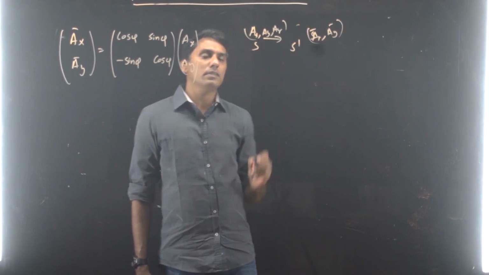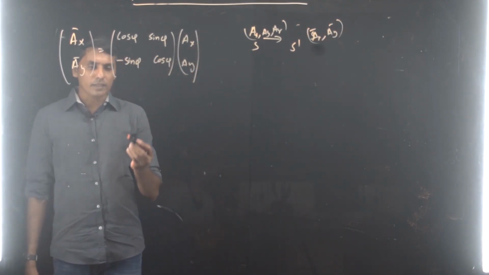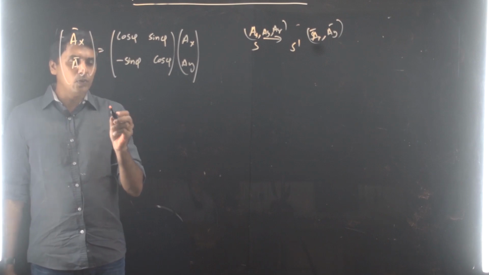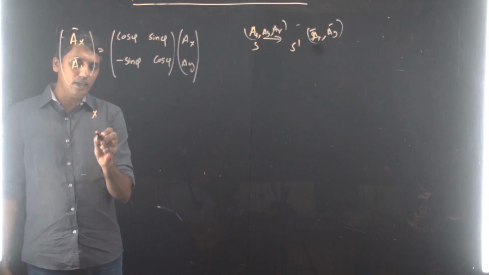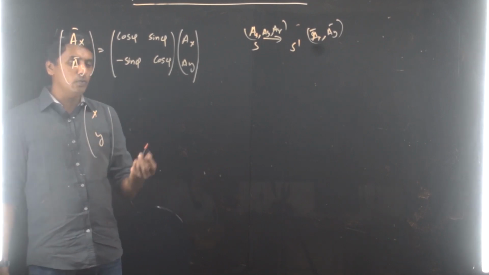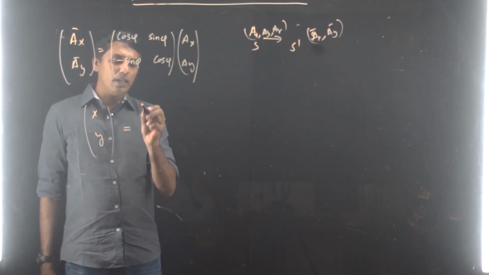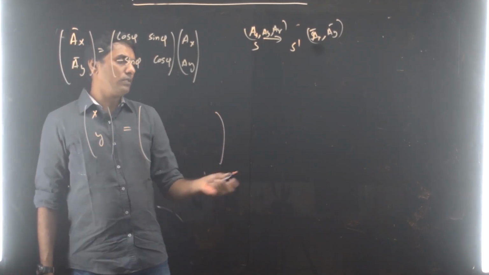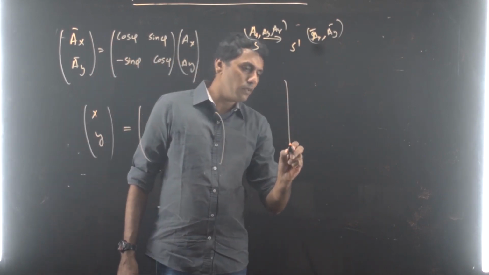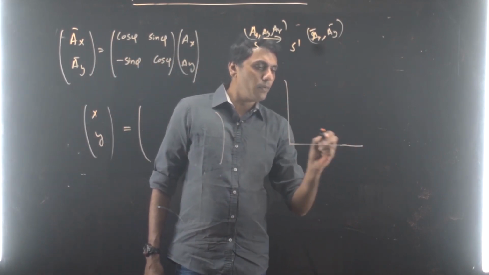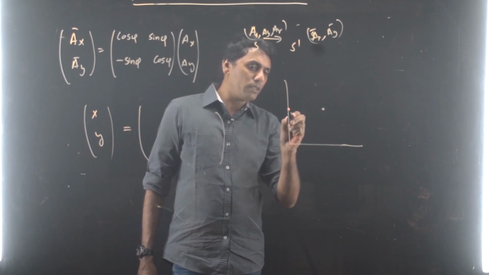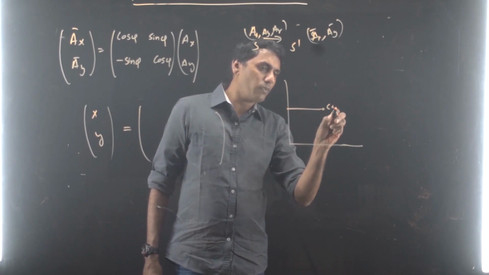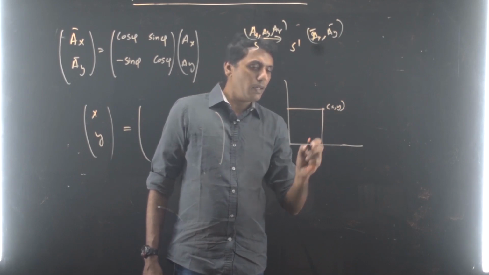These are the coordinates. Now if you look at the usual coordinates themselves, x and y, you know from the usual rotation matrix how this goes. Suppose you have a point here, and in this coordinate system you have x and y.